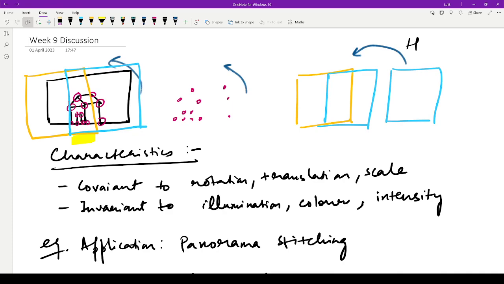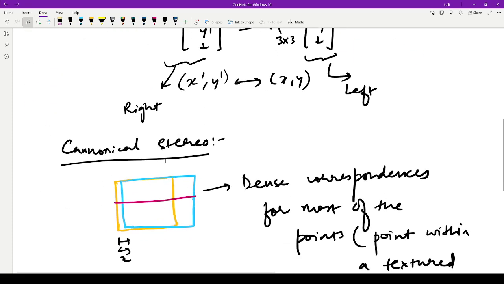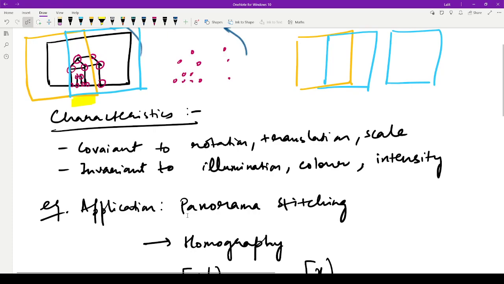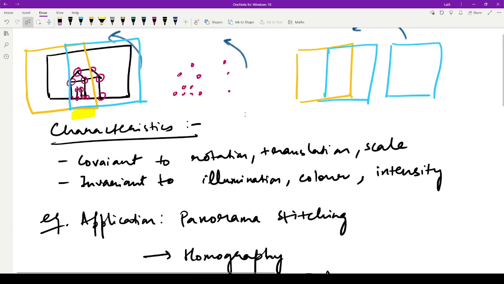And it's not easy to work here if you don't have an idea of how much the displacement in x is, or even if you have a rotation, for instance, then it's very hard to use this canonical stereo setup. So you use interest points.